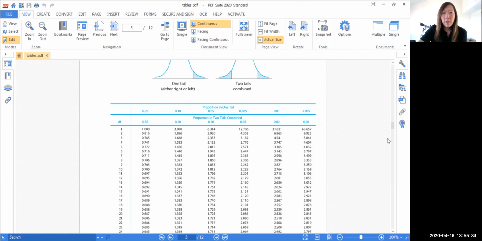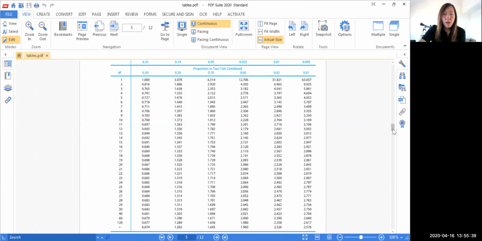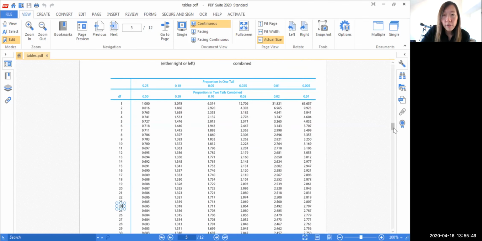This is what my t-table looks like. My degrees of freedom is 24, I have set my alpha at 0.05, and this is a two-tailed test. So this is where I need to look.